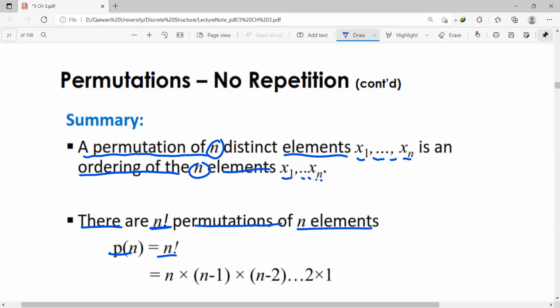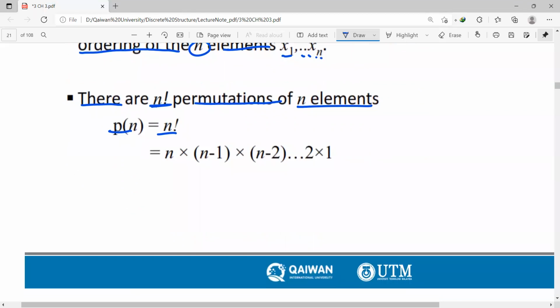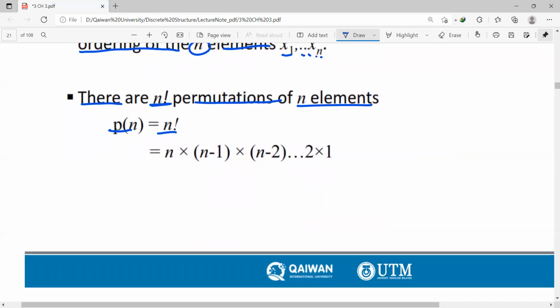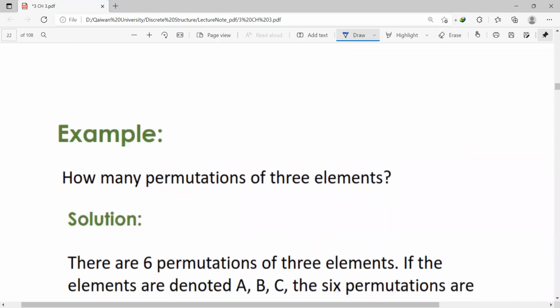See the example, choosing 4 people among 4 people. That means you have 4 factorial because we choose all. By choosing all from a group, it means how many elements do you have in the group? Let's say n, it means it's n factorial ways.